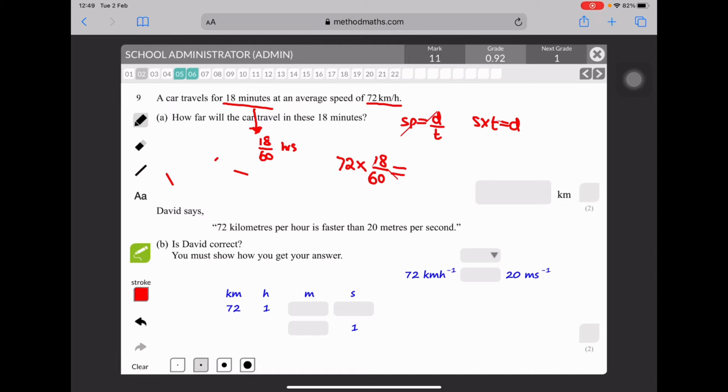Let me just use a calculator for that. 21.6 is what I got. So let's see if that's correct. Yes, it is. David says 72 kilometers per hour is faster than 20 meters per second.